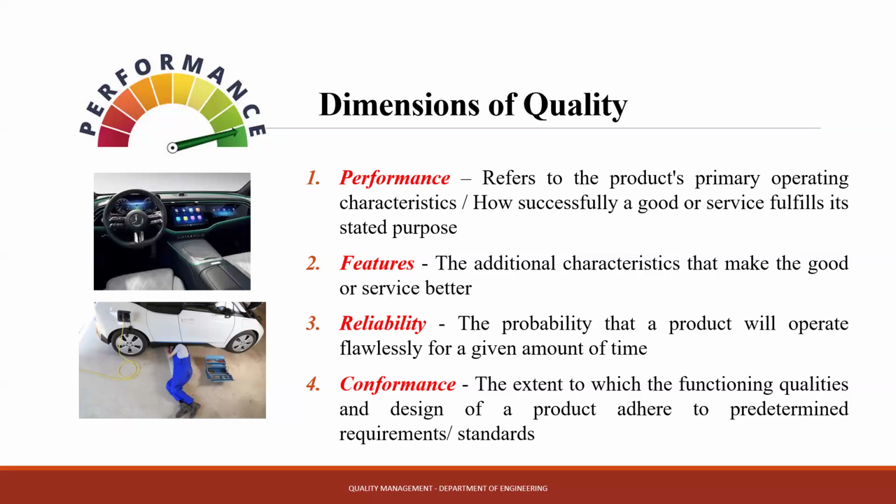Conformance is the extent to which the functioning qualities and the design of the product meet the initial requirements and the standards we had. So this dimension usually focuses on whether the product has been made exactly according to the specifications we have, and we can ensure that it adheres to the defined standards or not, right?